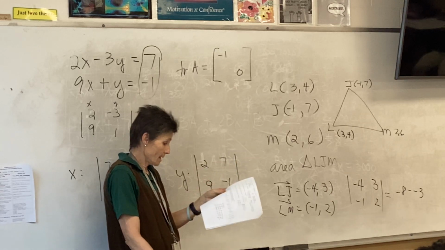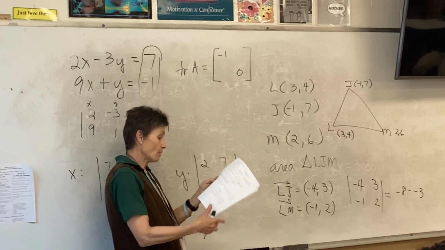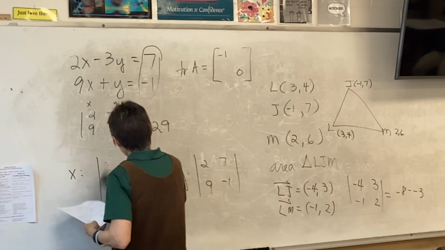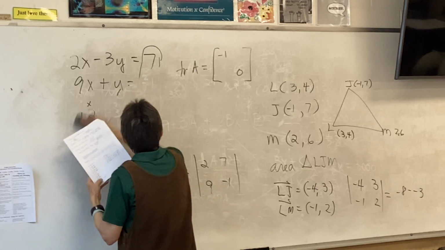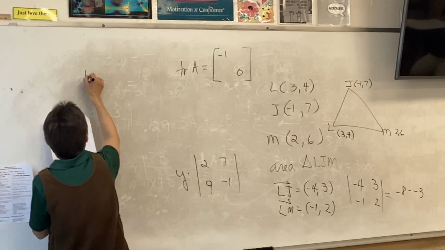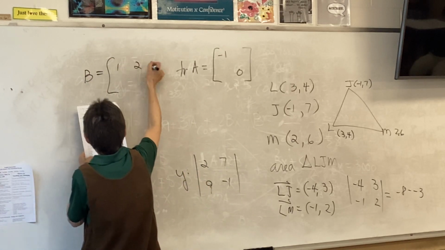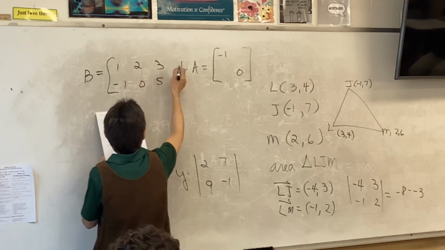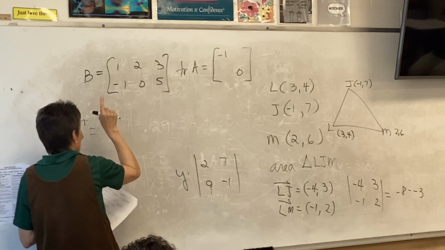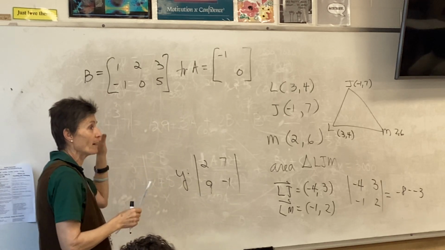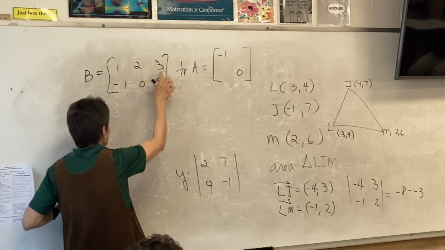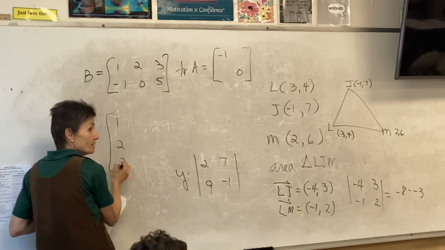Lucy? Can you do 11H? All right, what does that notation mean? That means transpose. And what does it mean to transpose a matrix? Flip rows and columns. Whatever was a row becomes a column. So when I look at matrix B and it says B transpose, I don't know how you write your matrices, but I write the rows as columns.